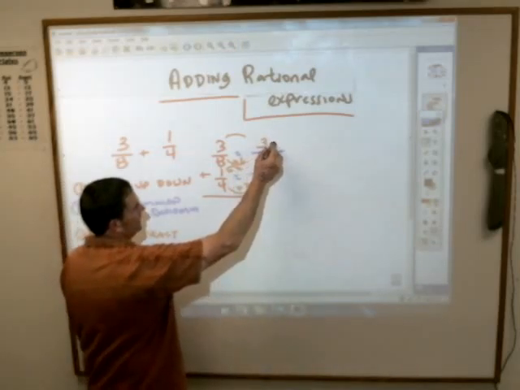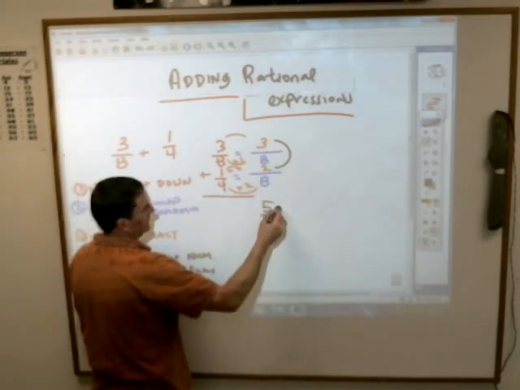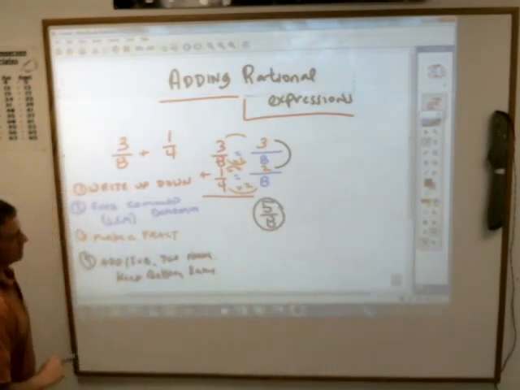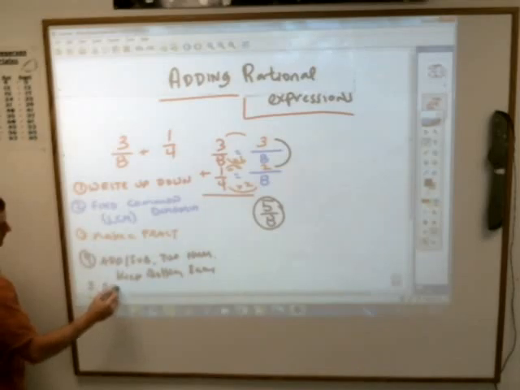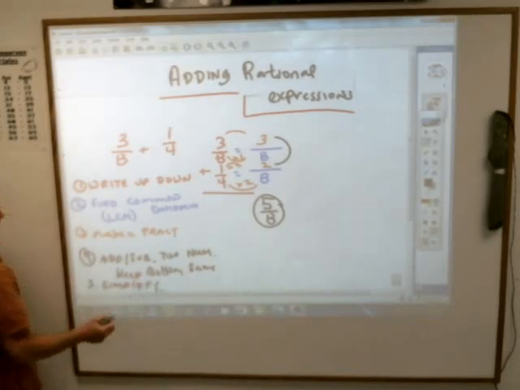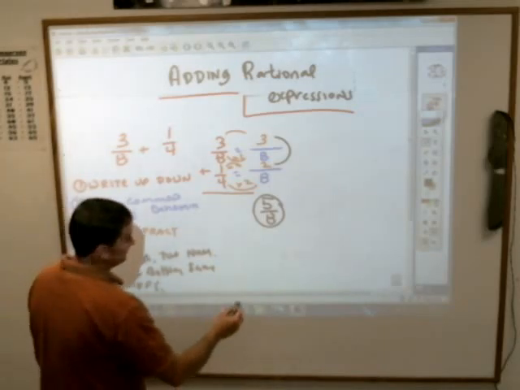So in other words, you add the two top numbers together. 3 plus 2 is 5, and the bottom number stays 8. Then step number 5, simplify. Reduce if you can, but we'll call it simplifying because simply simplify. Got that? That should not confuse you because we've done this for absolutely ever.